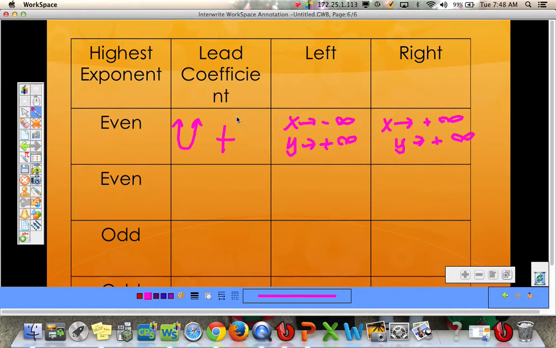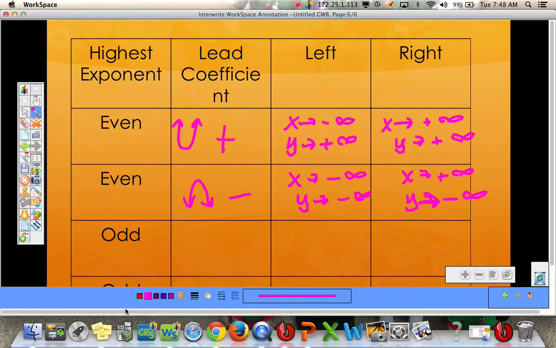So they go up. If it's an even function and the lead coefficient is negative, it's going to go upside down. So this is opposite. We should say as x approaches negative infinity, y approaches negative infinity. As x approaches positive infinity, y approaches negative infinity.